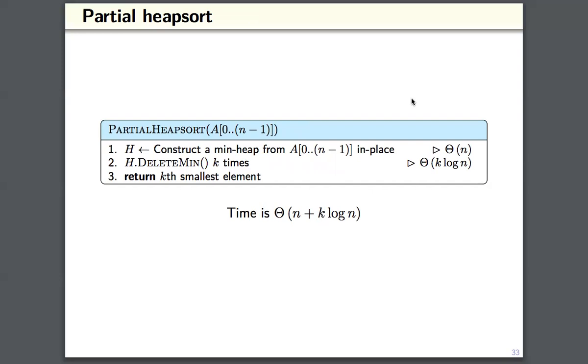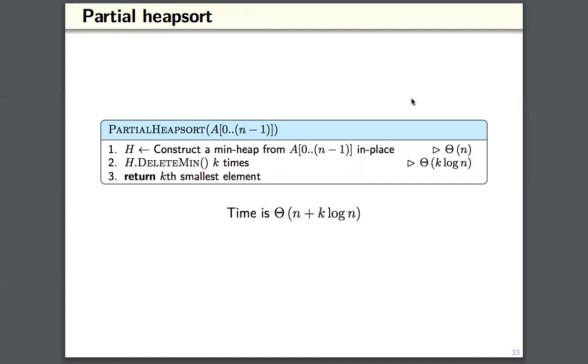Can we do better? That's not a good algorithm. Here is one more idea: partial heap sort. Let's use heap sort. What is the idea here? You have the array. Remember, any heap can be represented using an array. So using that array, create a min heap.